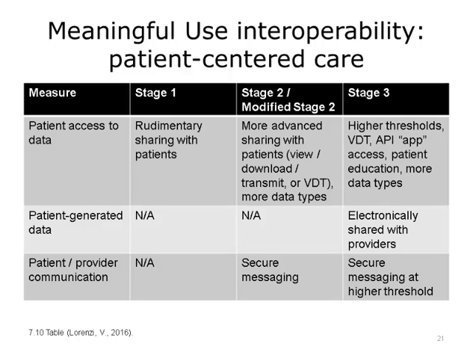In Stage 3, the threshold for secure messaging was raised to 25%. So you can see that patient-centered care is enhanced through meaningful use's support to increase interoperability through providing and encouraging patient access to data, accepting in patient-generated data and other non-traditional sources, and patient-provider communication.